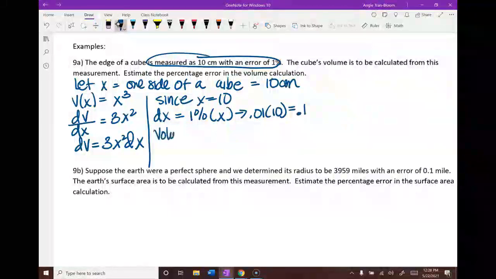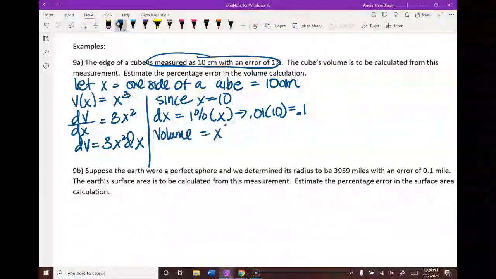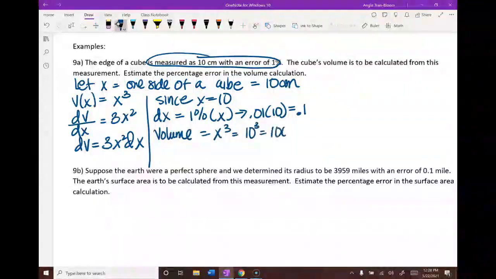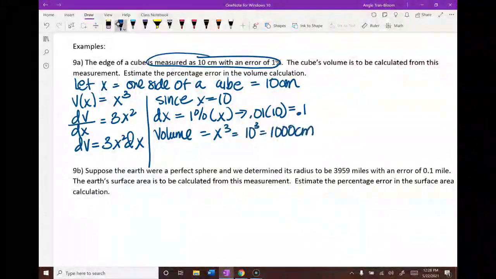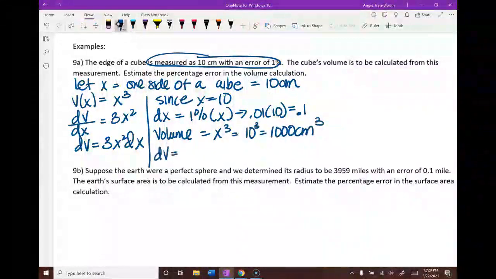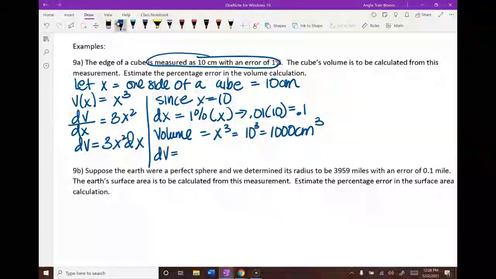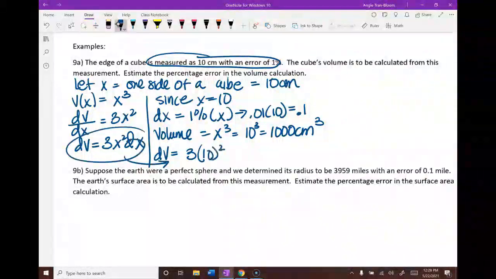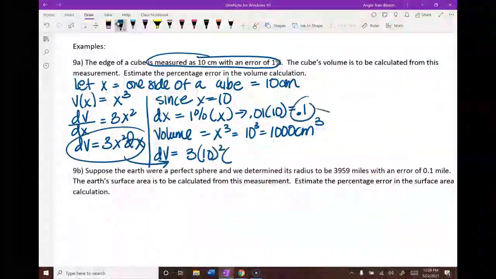So since our volume is x to the third, which has a volume of 10 to the third, which has a volume of 1,000 centimeters cubed, the change in volume that has the error is going to be 3 times, well, this is what I'm using right here, guys, 3 times x is 10, so that's squared, times dx, which we calculated from here, so that gets multiplied to here.